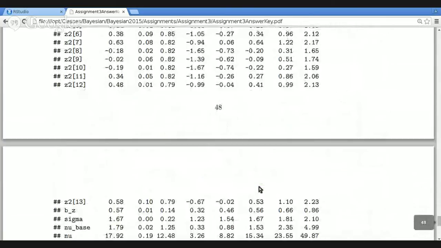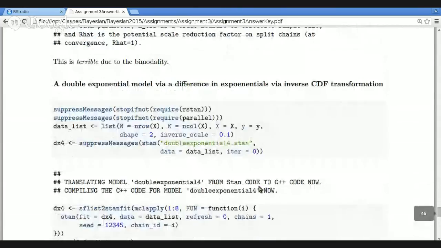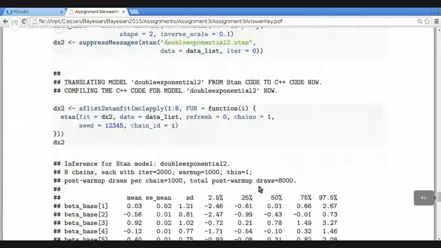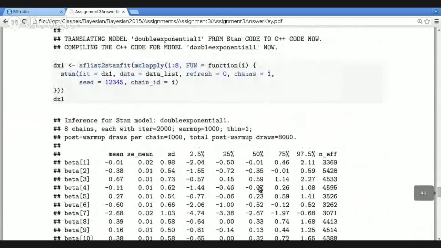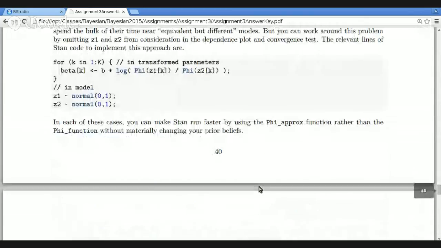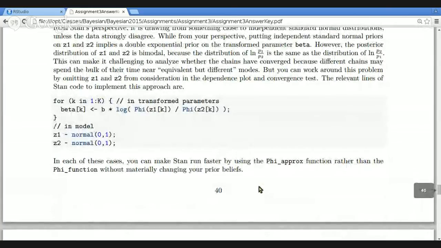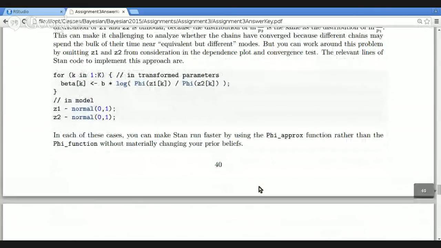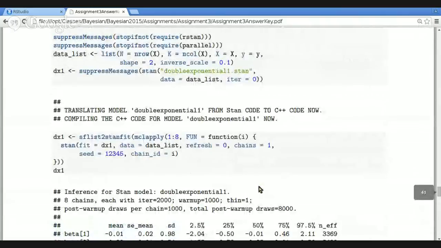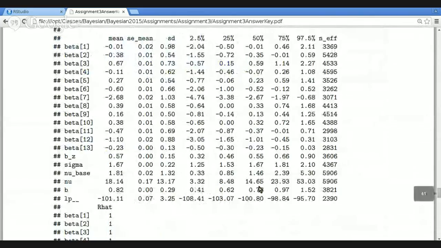So the right answer to this question is basically that the first approach specified in the homework is a better way of drawing from this posterior distribution than, or as good as, the second approach and better than all the other approaches in this particular case.